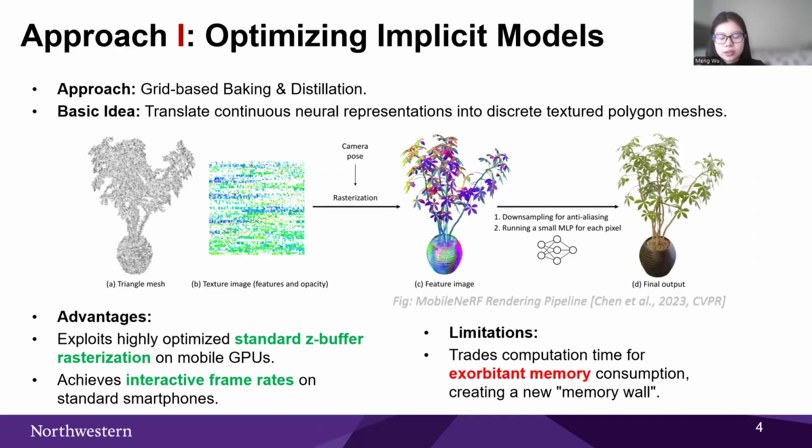However, we must also acknowledge its limitation. Baking often trades computation time for exorbitant memory consumption. A densely baked feature volume can easily consume gigabytes of VRAM, exceeding the physical capacity of edge accelerators and creating a new memory wall.